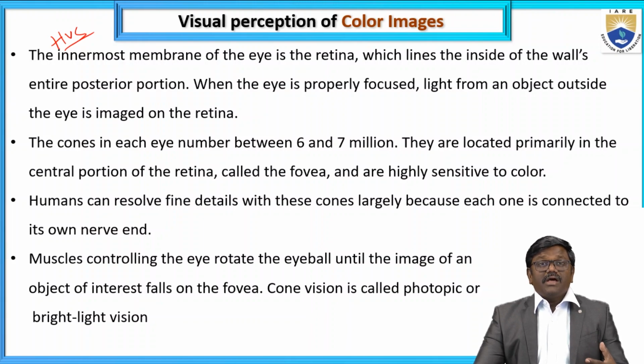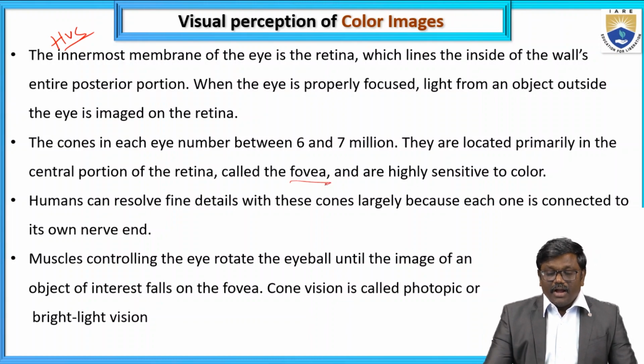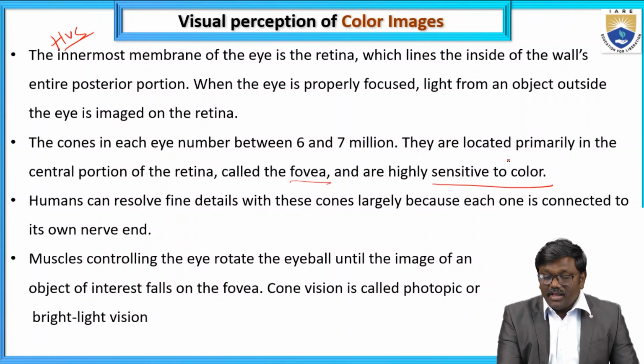The cones in each eye number between 6 and 7 million. They are located primarily in the central portion of the retina, called the fovea, and are highly sensitive to color.